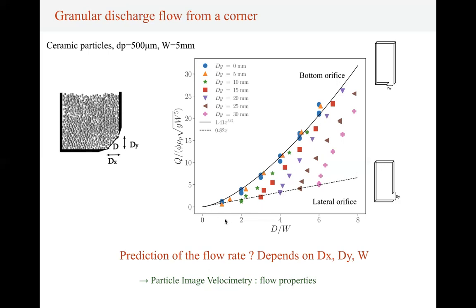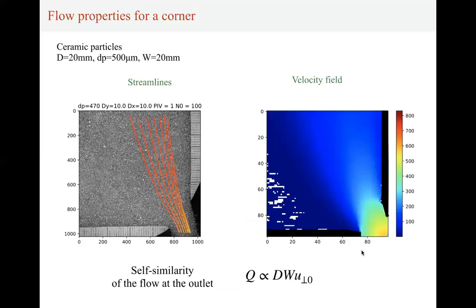So that means that if we want to predict the flow rate, it seems to depend on all three parameters, dx, dy, and W. To be able to predict the flow rate, we performed particle image velocimetry to look at the flow properties. Here we have the central streamline, and here the velocity field. We find again that the velocity is small everywhere, except close to the orifice, on the arch, which seems to go from one side to the other.